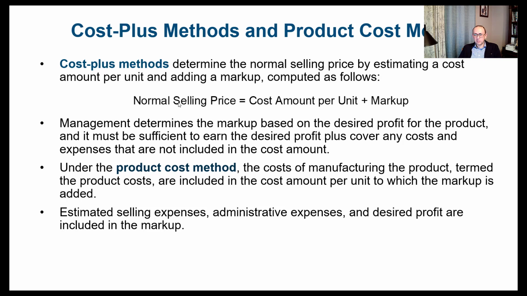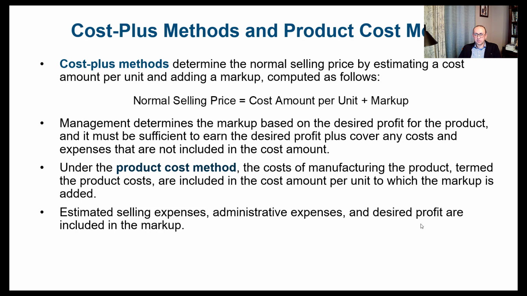So estimated selling expenses, administrative expenses, and desired profit are included in the markup. So cost here is just a pure cost. The markup includes estimated selling expenses, administrative expenses, and the desired profit. So we have to keep this in mind. So it seems like it's the overhead plus the desired profit.